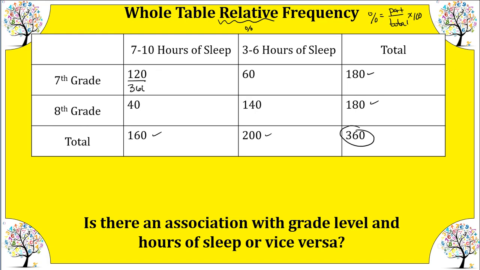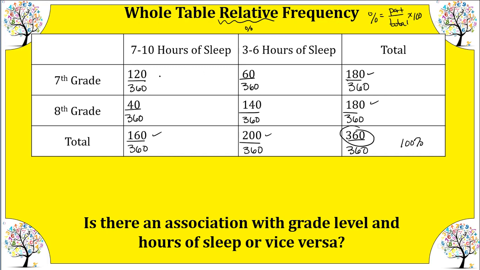So we are going to be dividing every cell number by 360, and then of course multiplying by 100. So we're going to divide these and then multiply by 100.